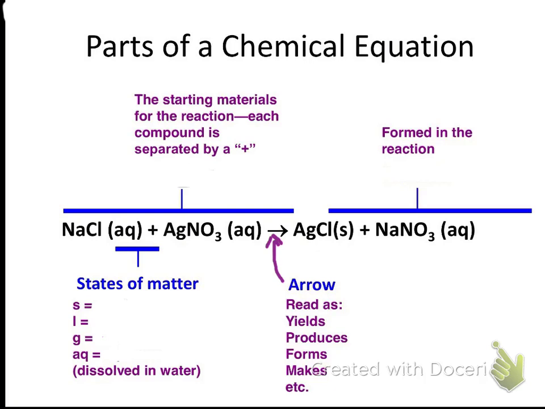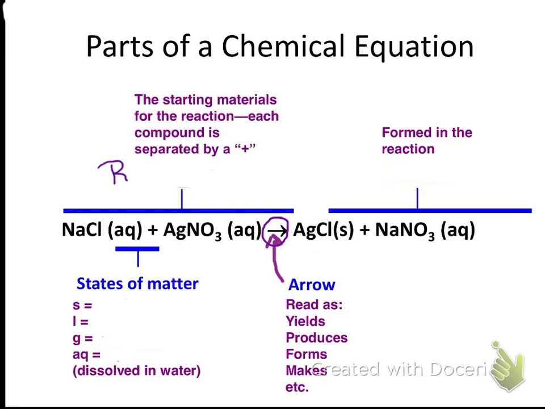So the parts of a chemical equation that we need to be familiar with are, the main thing we always want to look for is this arrow right here. This arrow is kind of a divider in our chemical equation, okay? And what it divides is the starting materials for the reaction. In other words, we have a name for these.